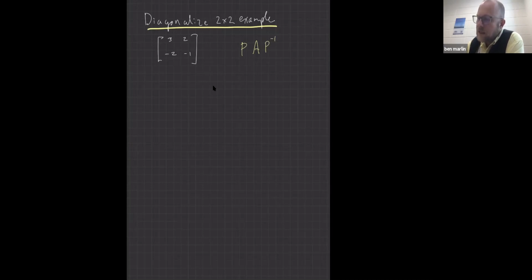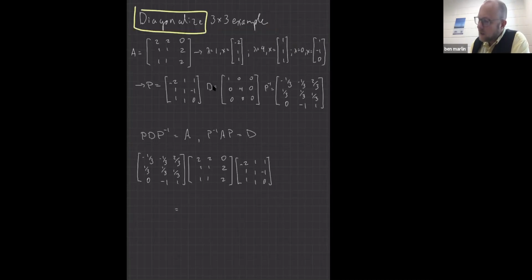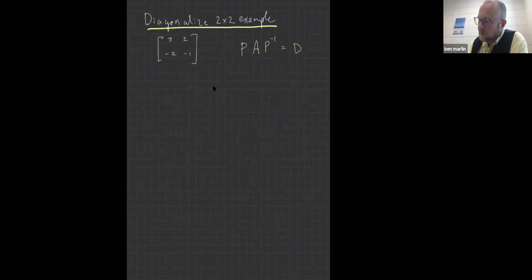It's either P A P inverse, or the reverse of that will get you the diagonal, okay? Let me see, I wrote it, I believe, here on the next page. Yeah, here we go. P inverse A P will get you the diagonal, all right?